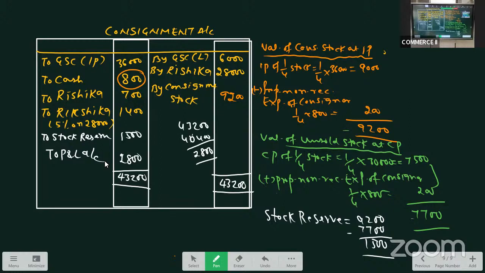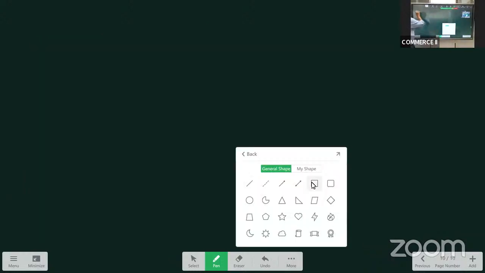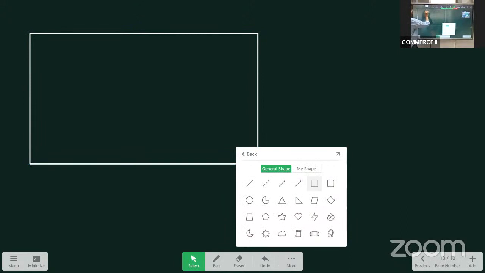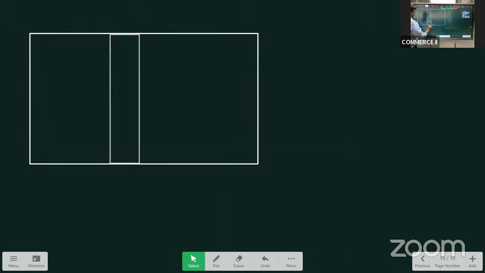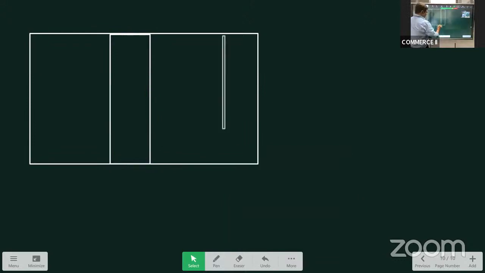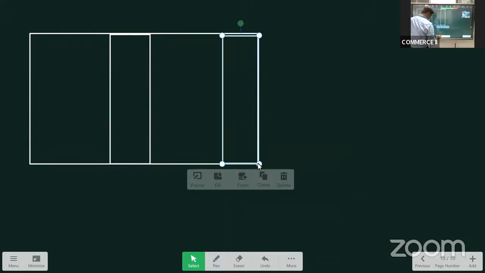Okay. Then what is left? Consignee account and goods sent on consignment account. So I'll close consignee account here. Who is consignee?